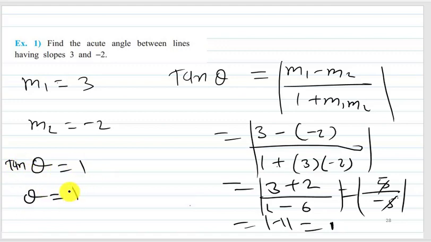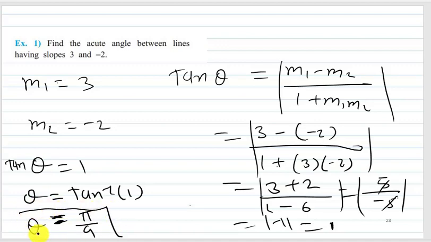Theta will be tan inverse of 1. Which angle is giving 1 as the value for tan? It is 45 degree. That is, the angle made by these two lines after intersecting will be pi by 4, 45 degree. So here we found the angle between the two intersecting lines, while the slopes of the two lines are known, or in this case, given.